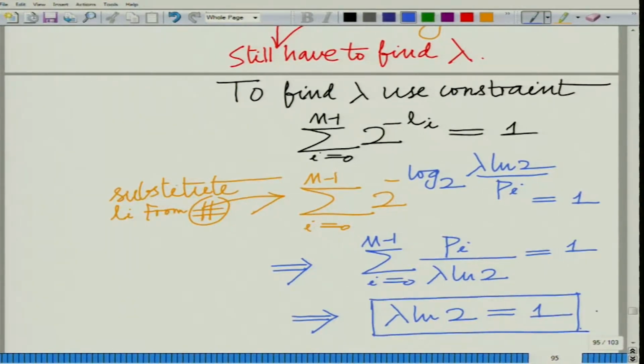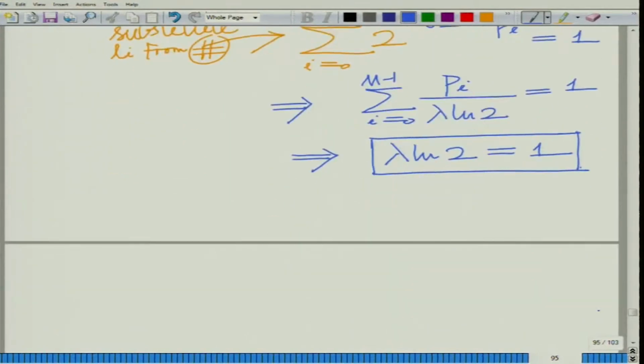Okay, so that is the equality that we have using the constraint, and finally substituting the value of lambda ln 2, the optimal length, which we can call li star, equals log to the base 2 of 1 divided by pi.